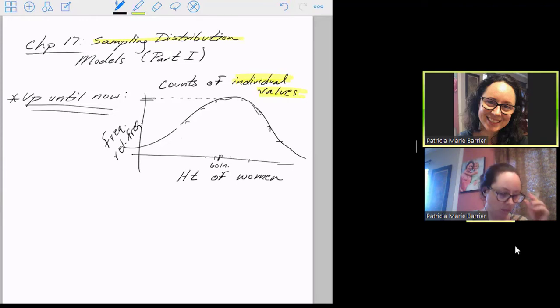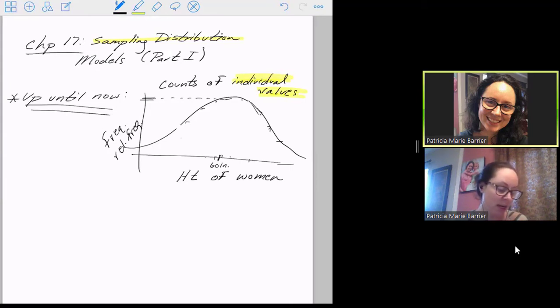Remember, though, that this conversation started with me saying that we first had to look at the histogram, and that we wanted to have a histogram or whatever distribution visual we were looking at be representative, matching the truth of the parent population.